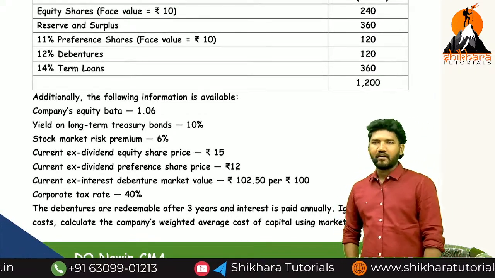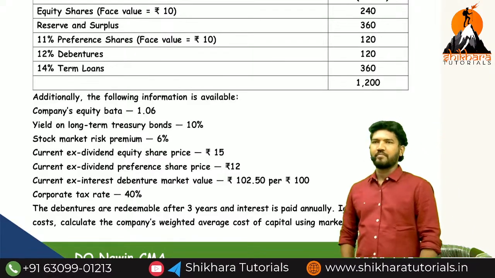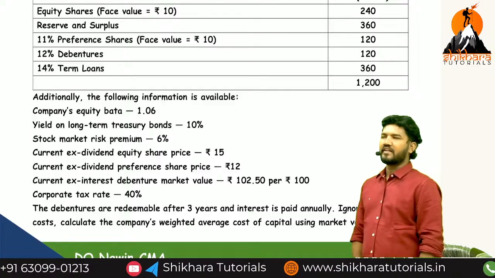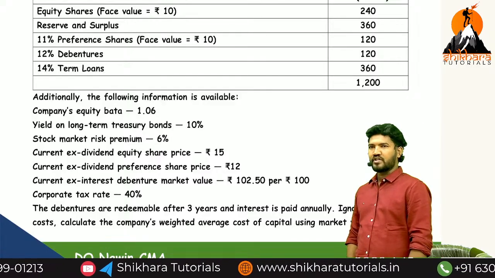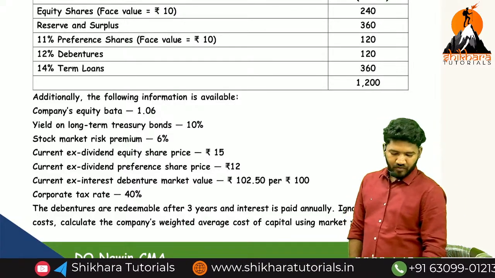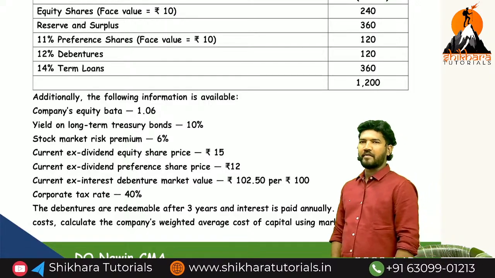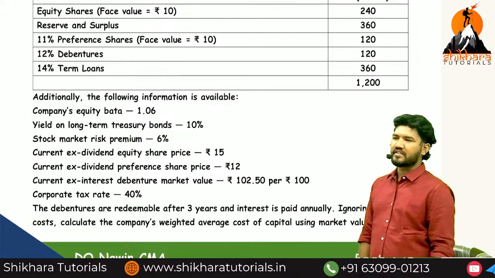Equity beta 1.06. Yield on long-term treasury bonds. What about the treasury bonds? This is the point I said at the time of RF: government security as well as treasury, the word I used, treasury. Treasury bonds, RF. Now when it comes to risk premium, what does it mean? RM is the wrong answer. RM minus RF is known as risk premium.